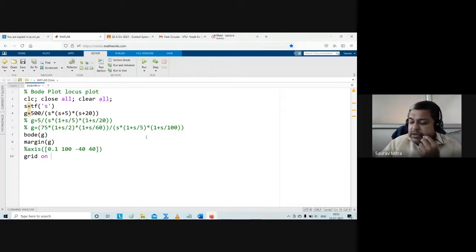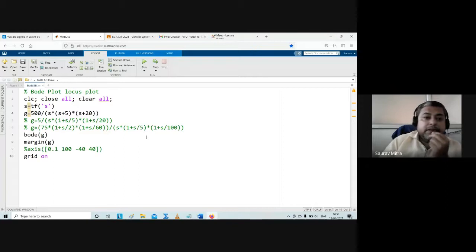First thing is corner frequency, second thing is regions of slopes, third thing is the constant term. The constant term you can get only after finding the corner frequencies and in time constant form. So these are 3 things you have to show.